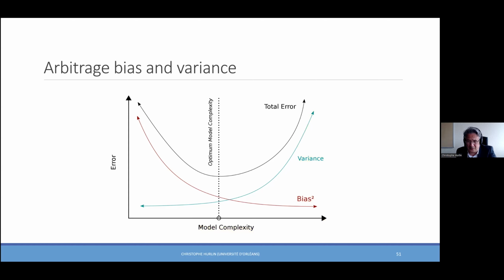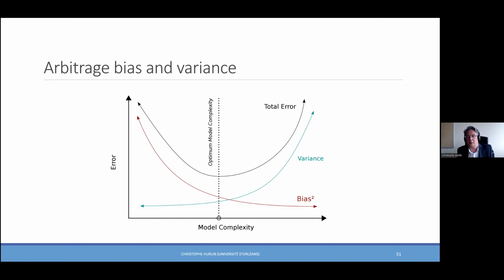On the opposite side, when I consider a very simple model, for instance a linear regression model, the risk is a high bias, because my model does not capture all the non-linearities in my data set. But when I redo the forecast with the same model on a new data set, there is, in general, little variance, so the variance is low.